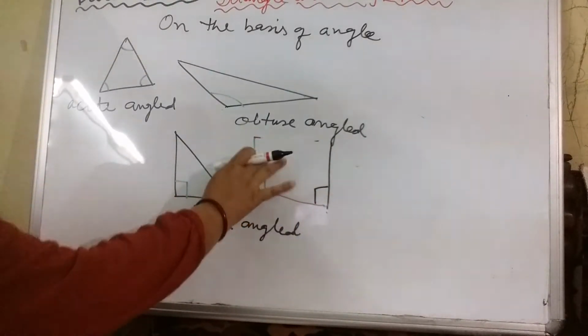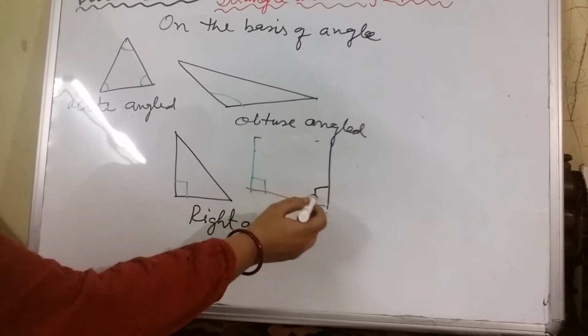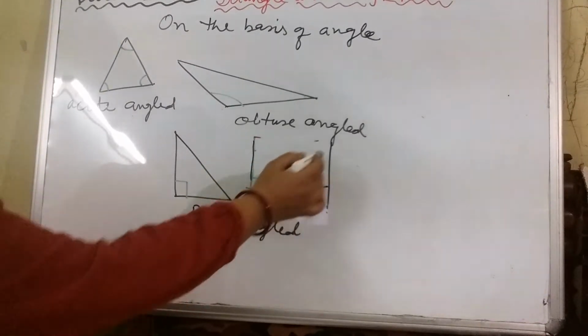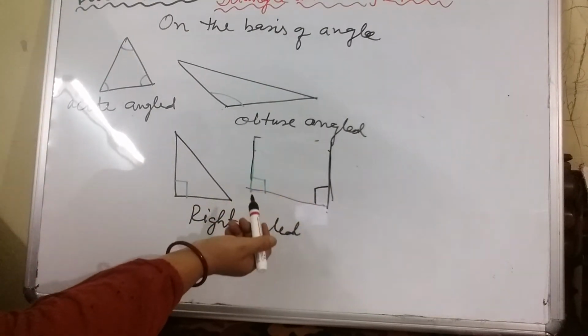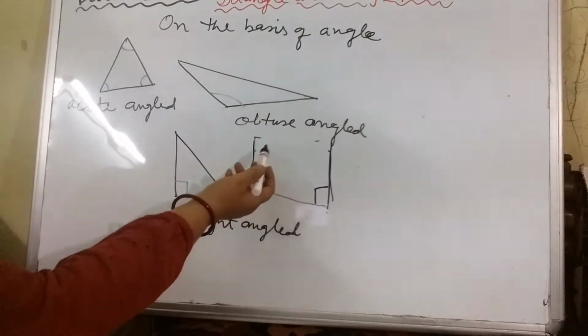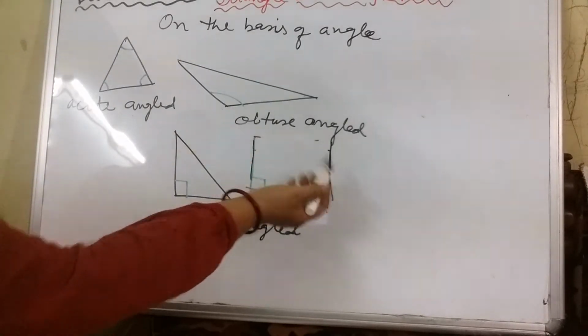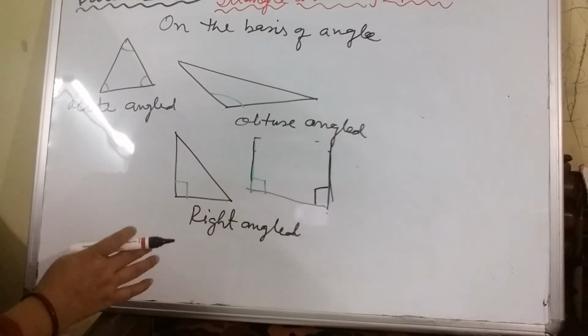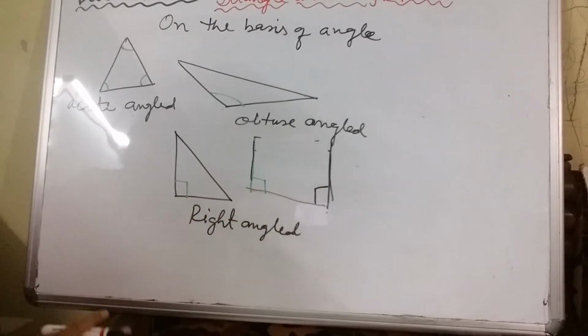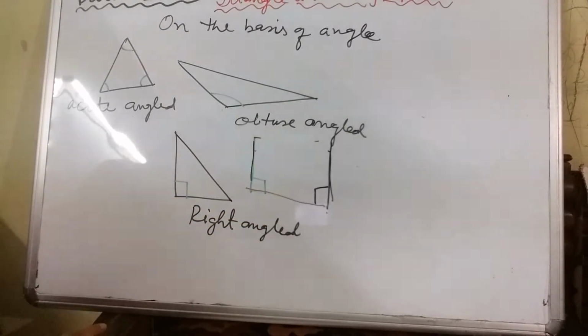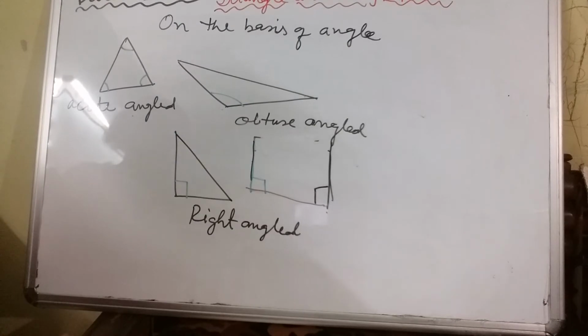As this is 90 degree, then also this line and this line will be parallel, so they will never meet. So that means again that triangle is not possible here. So two right angles are not possible for a triangle.